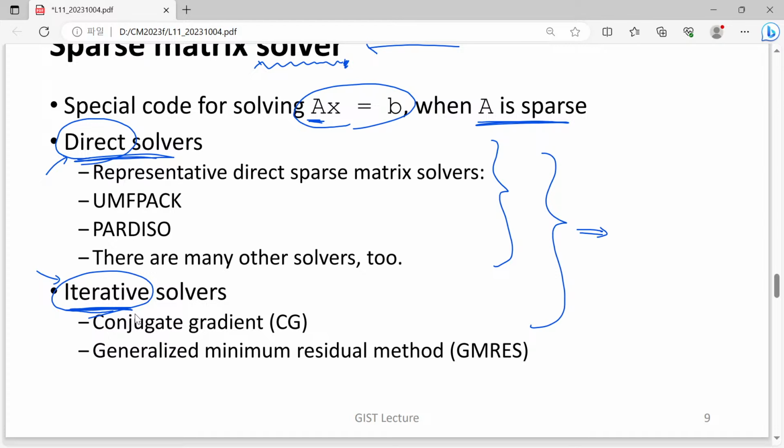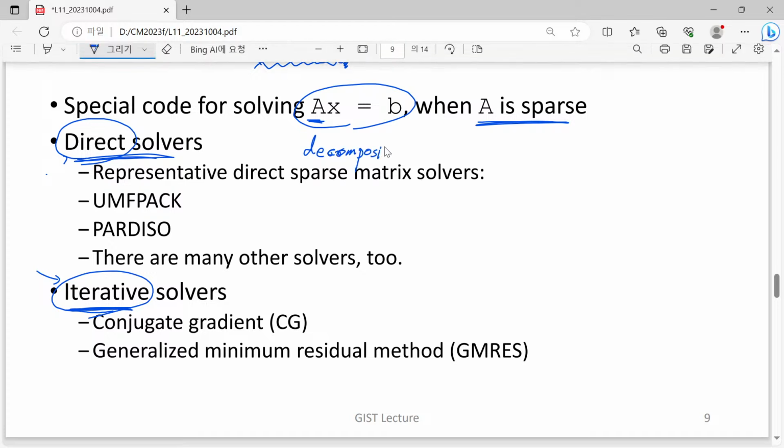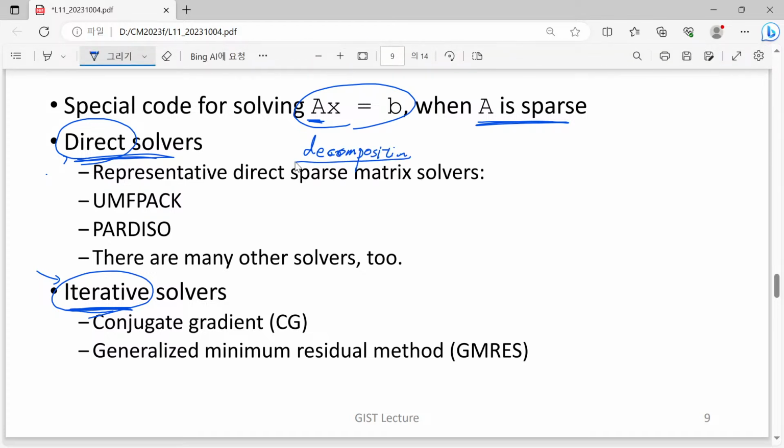Okay, so simply speaking, direct solvers are based on decomposition technique, and iterative solvers are related with Krylov subspace approaches.